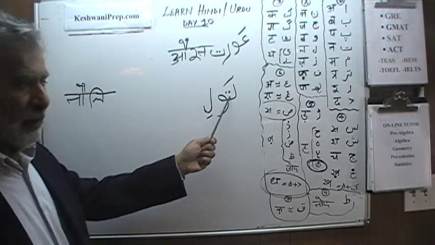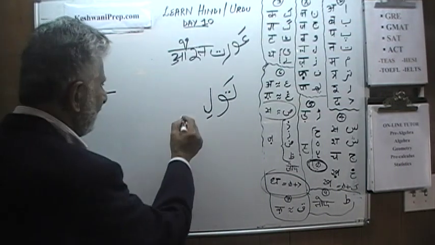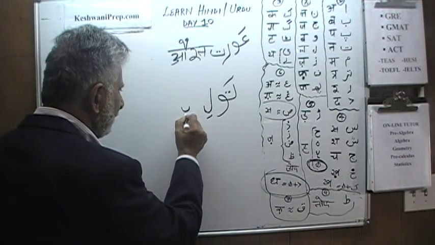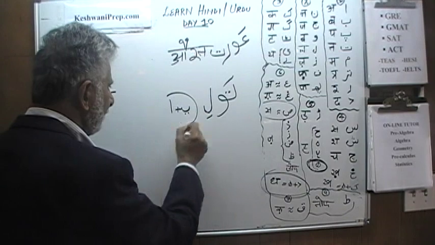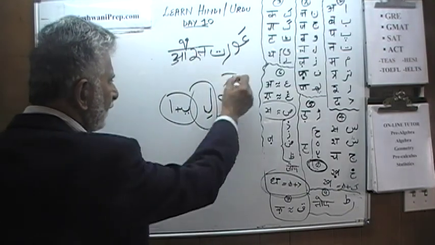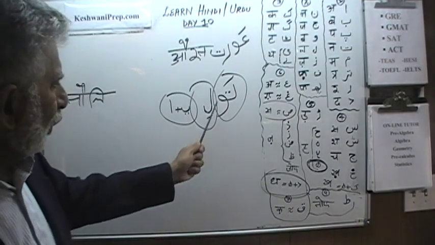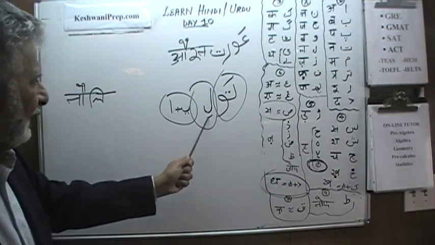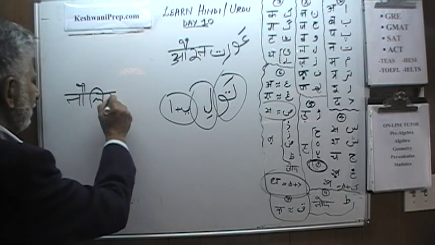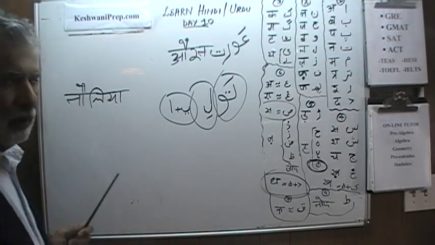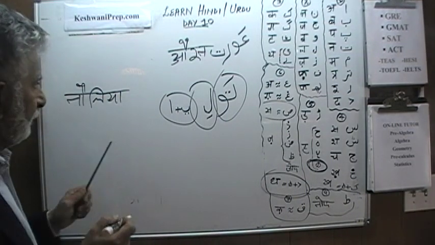So here is our badi o ki matra, choti e ki matra, and ye plus alif, a ki matra. We have to put these three pieces together. And when we put these three pieces together, it reads tolia, to-li-ya. And you know what a tolia is? Tolia is a towel.